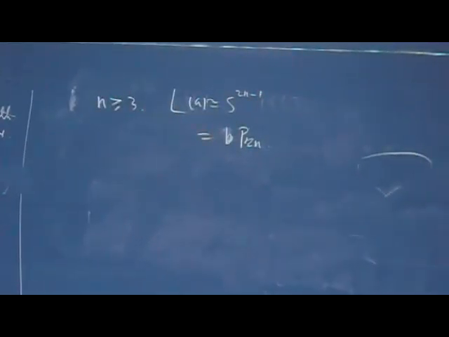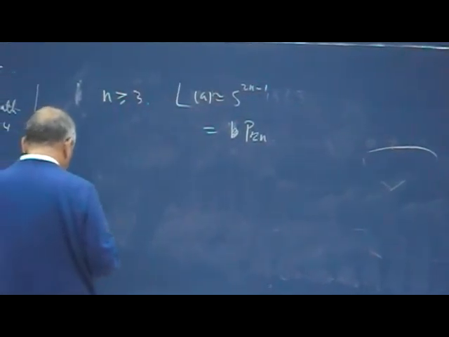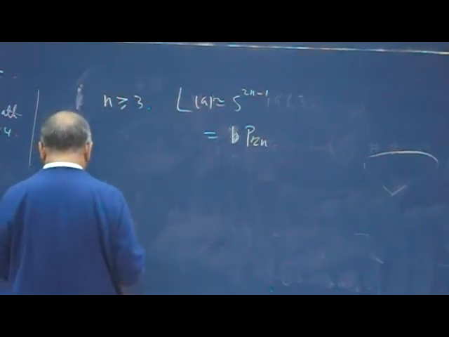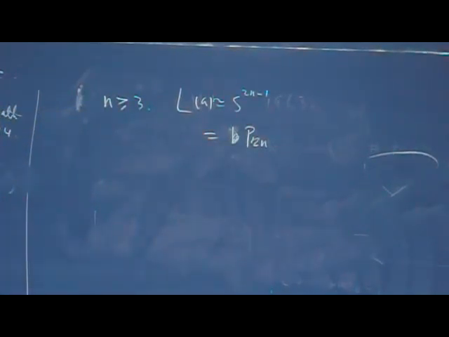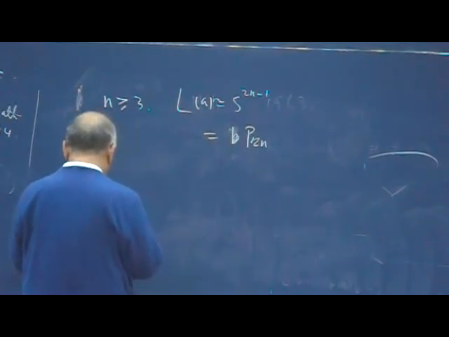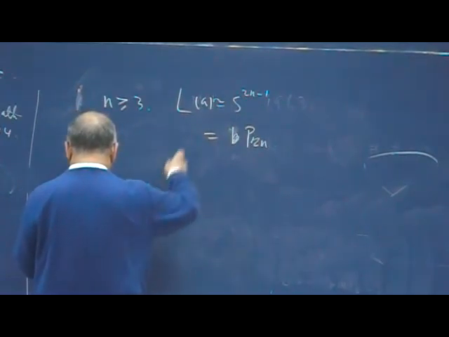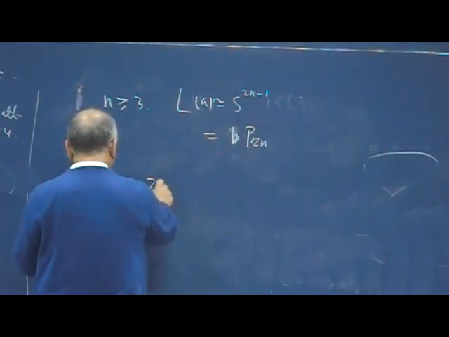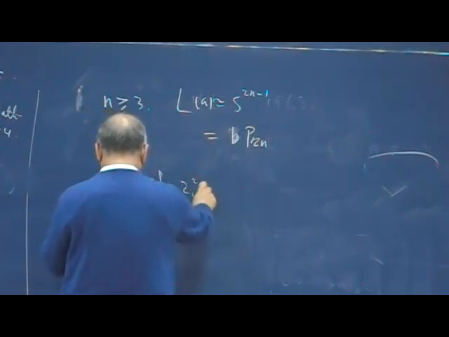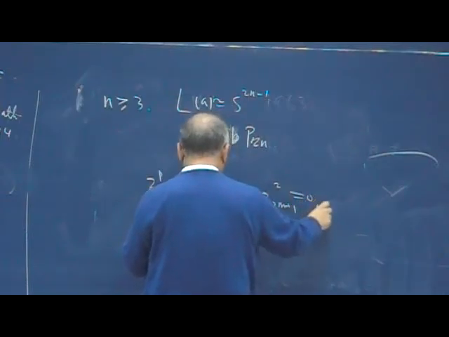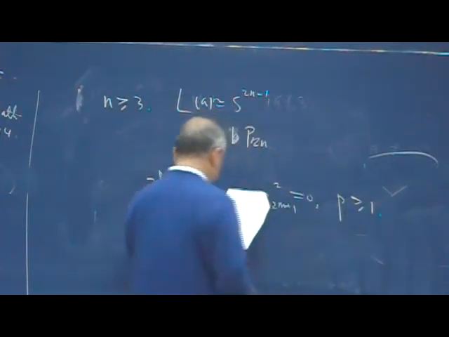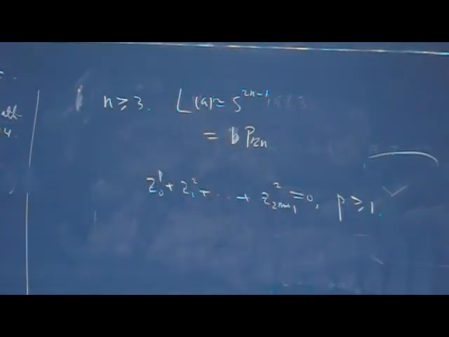Now, let's apply it to the following case. C naught to the P plus C1 squared plus up to C2M plus 1 squared equals 0, for P bigger than or equal to 1.